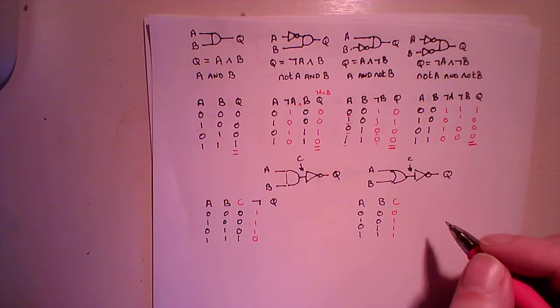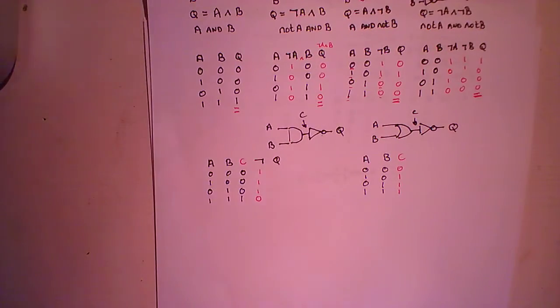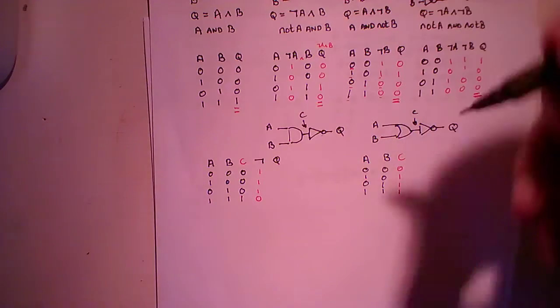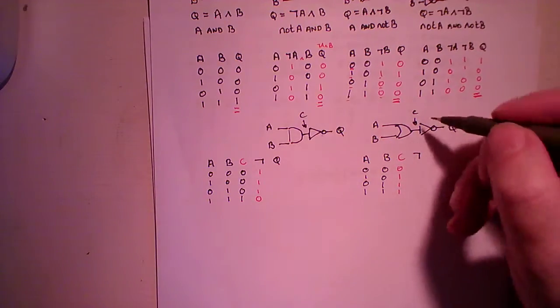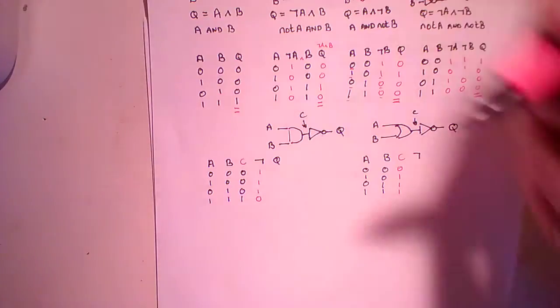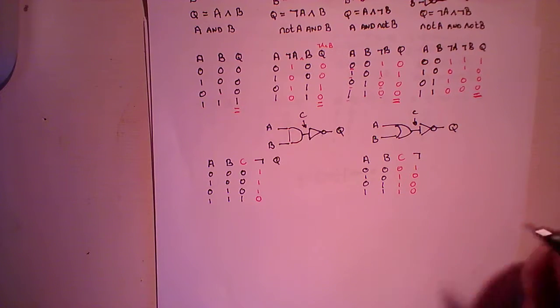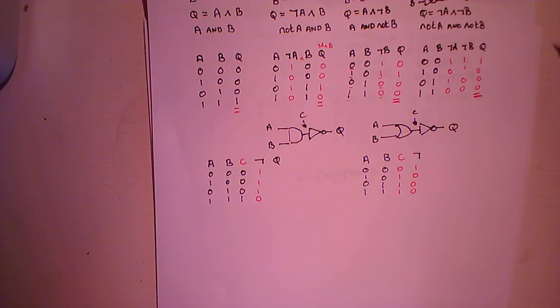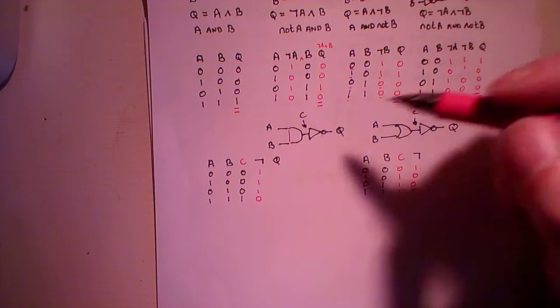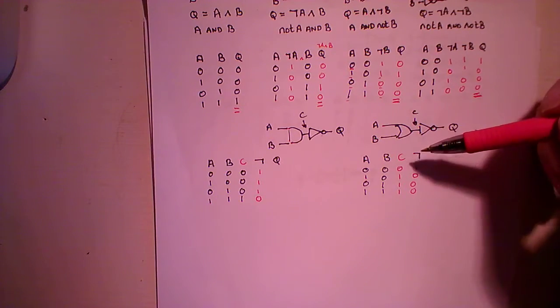So that's that OR gate. Just the same as that. And then I'm going to NOT it, because C is at this position here. Then it's going to go through the NOT gate, which is going to invert it. That is going to be a 1. That is going to be a 0, a 0, a 0. So that is those two diagrams inverted.